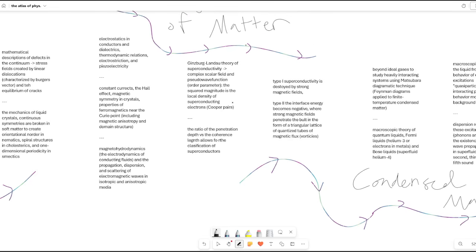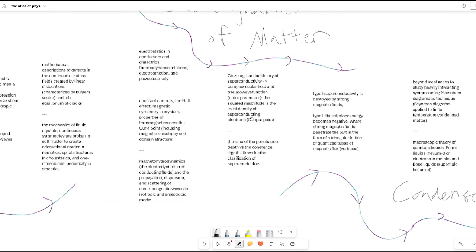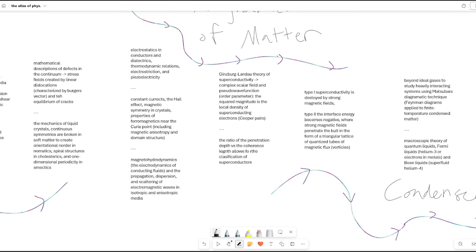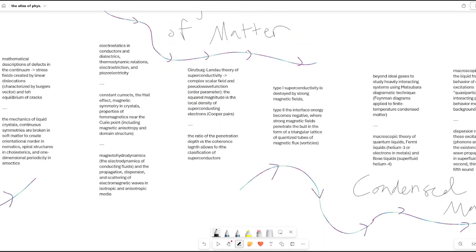And then the more interesting stuff is the Ginzburg-Landau theory of superconductivity. Now, the Ginzburg-Landau functional is basically one of the culminations of the electric field and matter, as in engineering science, because it's phenomenological, but it's a very powerful application of the ideas in quantum electrodynamics to superconductivity.